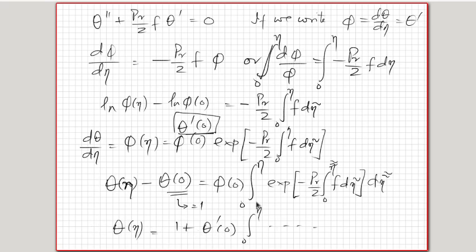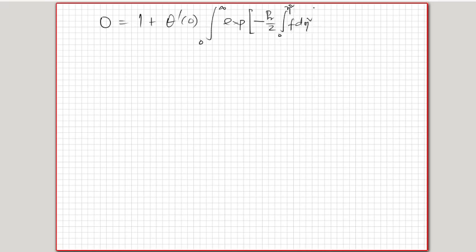Okay, so I'll be able to write the next expression as 0 is equal to 1 plus theta prime at 0 multiplied by integral from 0 to infinity of exponent of minus Pr by 2 into integral from 0 to eta double tilde f d eta tilde d eta double tilde.